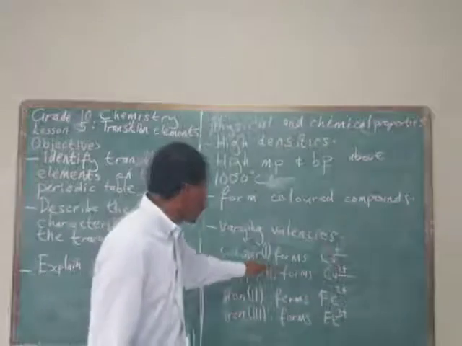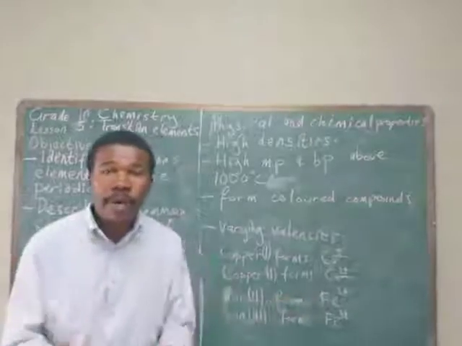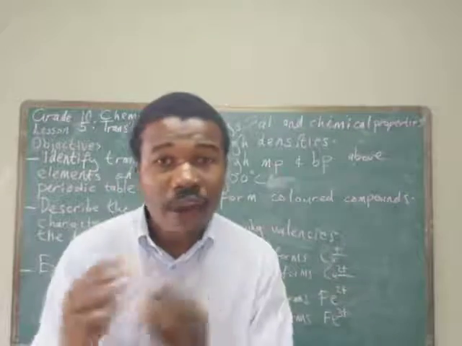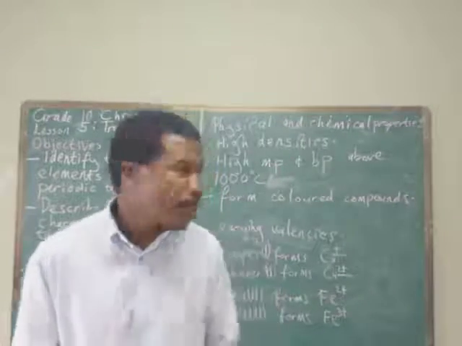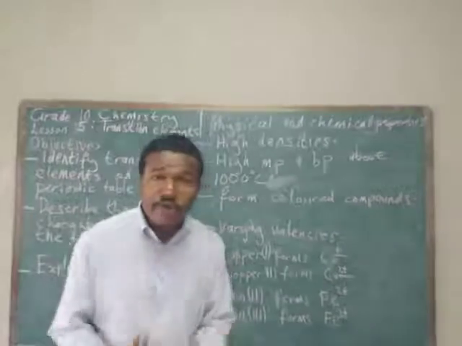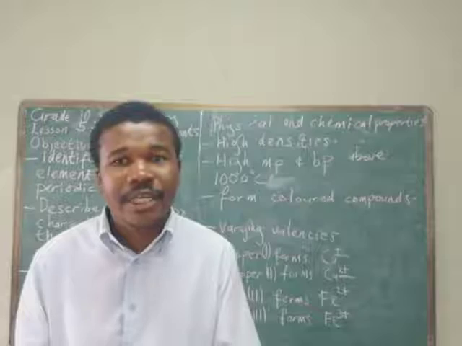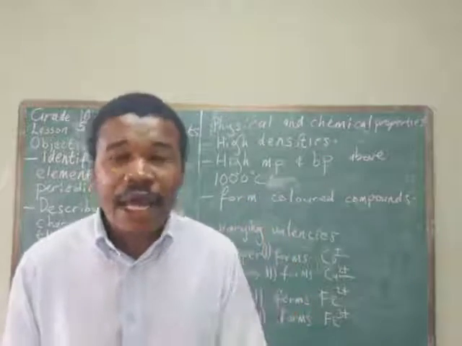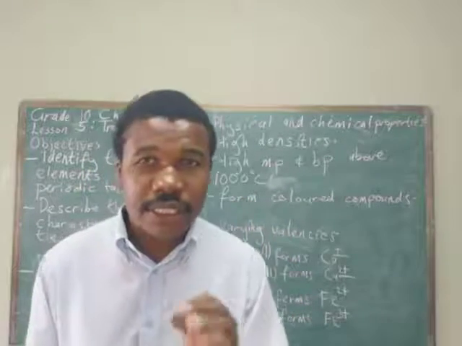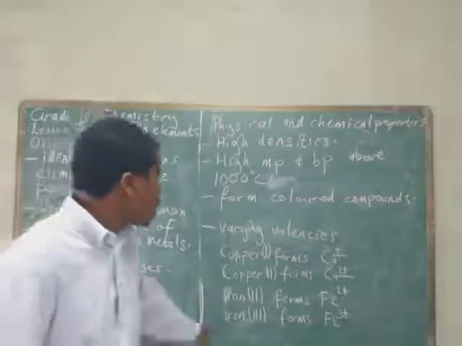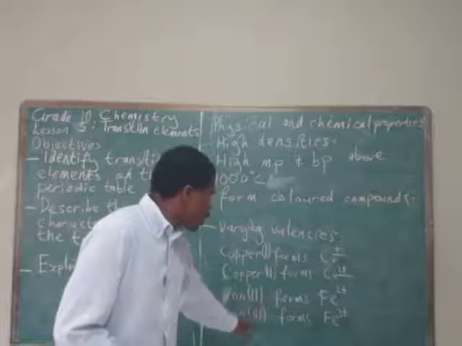Right? So copper 1 is the copper that you would have found with 1 electron in its outermost shell. Copper 2 is also a variation of that same copper which you would have found at that particular moment actually having 2 electrons in its outermost shell. Same applies for iron 2 and iron 3.